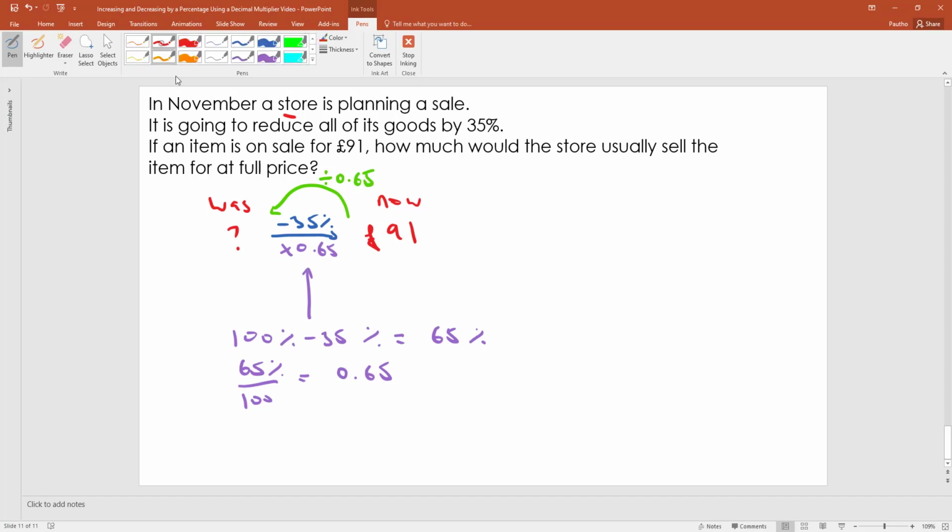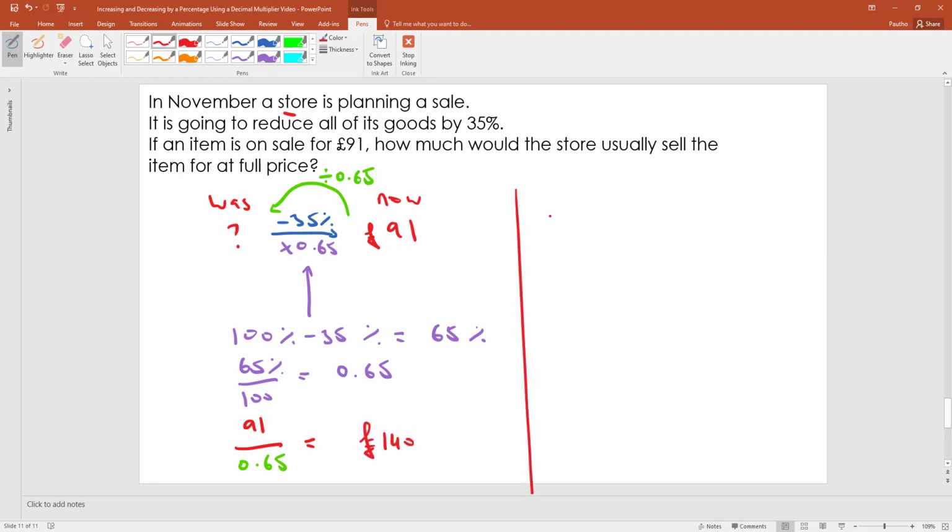So let's try doing that. Put it in green to make it stand out. Is it 91 divided by 0.65? And let's see what we get. So on the calculator, 91 divided by 0.65 gives me 140. And it might be worth checking here.